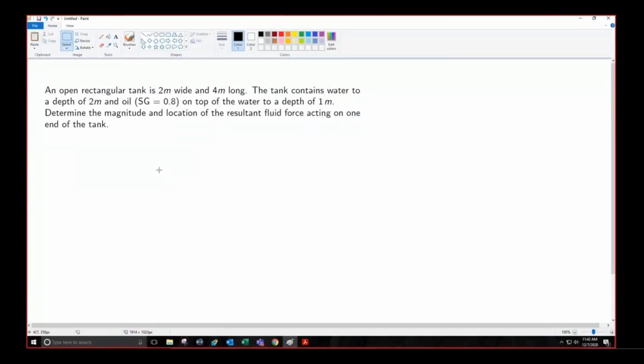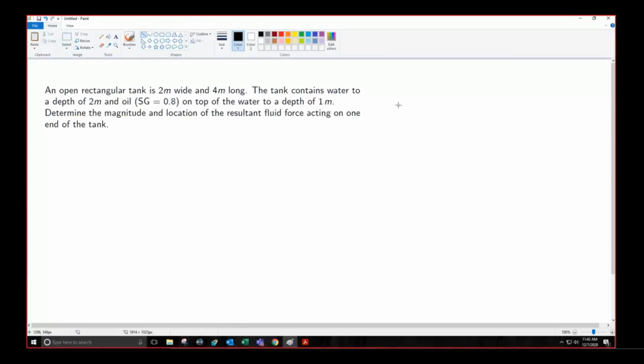So today we have the problem. We have an open rectangular tank which is 2 meter wide and 4 meter long. The tank contains water to a depth of 2 meter and oil of specific gravity 0.8 on top of the water to a depth of 1 meter. Determine the magnitude and location of the resultant fluid force acting on one end of the tank.